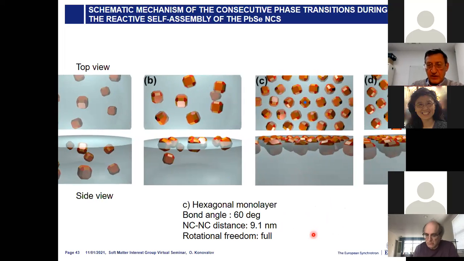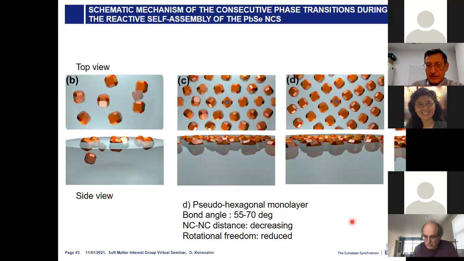And then when we increase the concentration further, we start to see that the hexagonal packing is destroyed, because now the particles start to feel that they are not spherical, they are cubes.